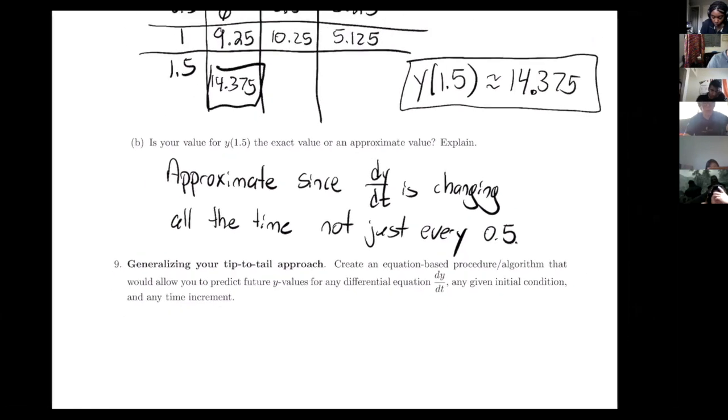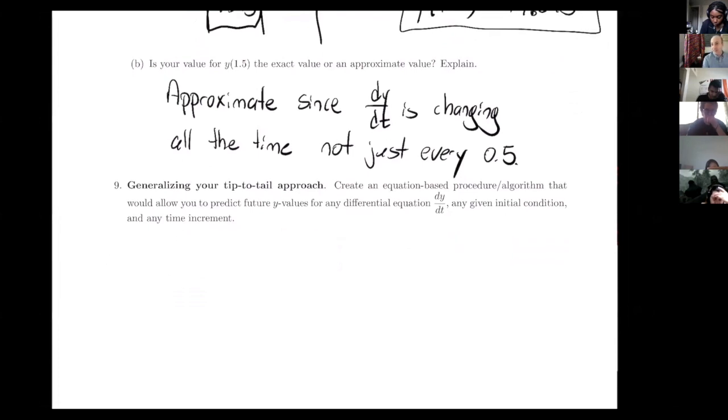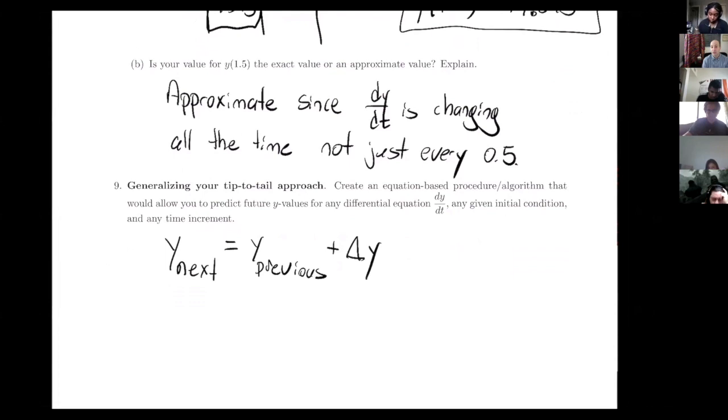And so lastly, let's generalize this process that we outlined before. I'll start this general formula by saying, if I want to calculate the next approximate y value, I take my previous y value and then add to that what I'm estimating the change in the output to be.